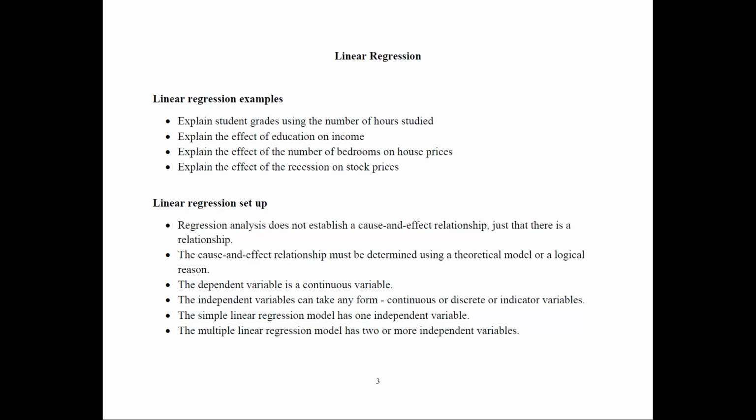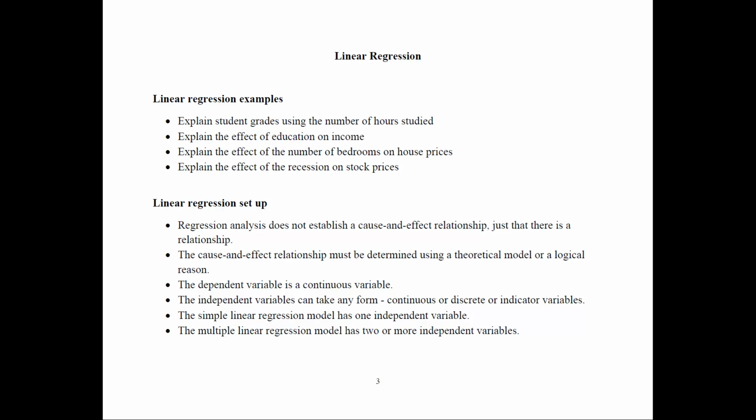So let me describe a little bit the setup on how to do linear regression. The most important thing to remember here is that regression analysis does not establish a cause and effect relationship, just that there is a relationship or a correlation, not causation.